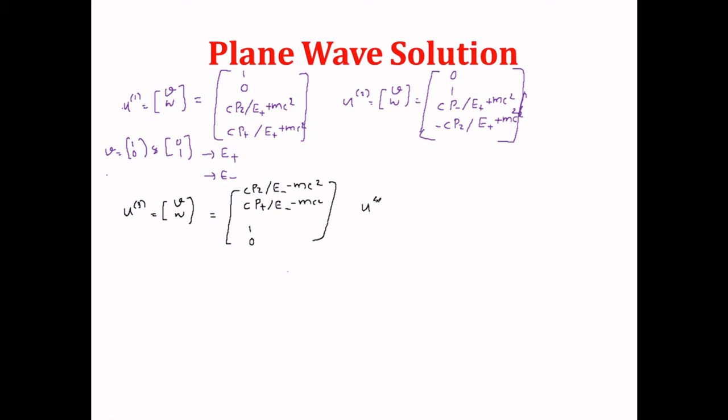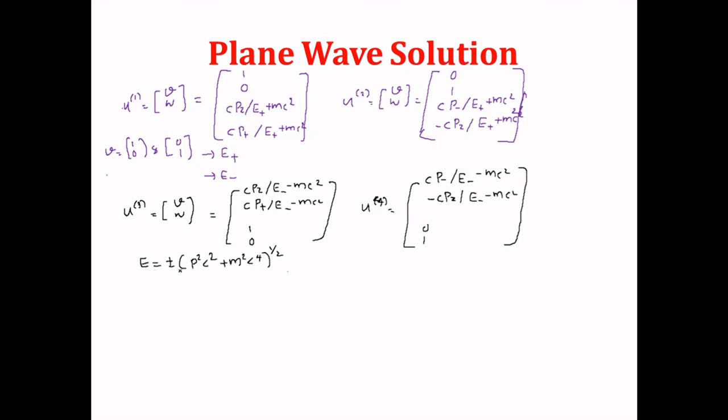And to find U4, we'll use the W value 0, 1. So here you will get C P minus divided by E minus mc square, and the second one will become minus C P Z divided by E minus mc square.